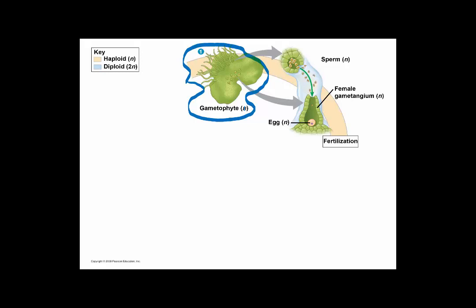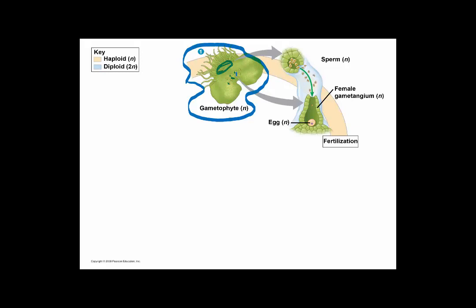It's flat. It's green, photosynthetic. It's a plant. And if you look really carefully, you would see on this plant these little projecting things here are archegonia, and somewhere towards the tip of the heart-shaped thing here are antheridia.